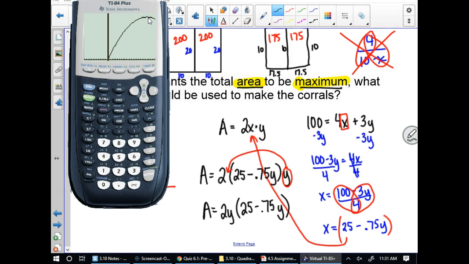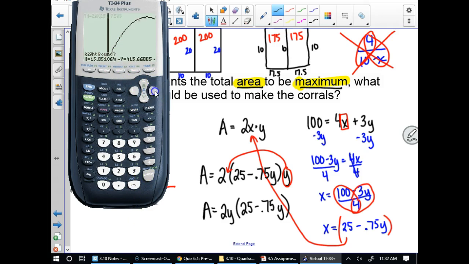So now we're looking for maximum. So we are going to do second trace. Which one do I pick? Number 4, maximum. And it's going to say left bound, so I'm going to go somewhere to the left side of the hill, which I'm going to get up here a little bit closer so that right here it's left bound. I'm going to hit enter, then it will say right bound.